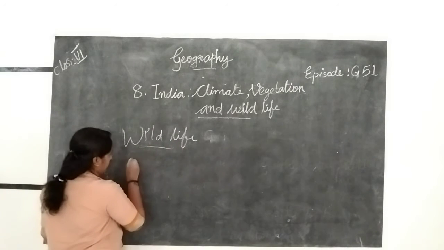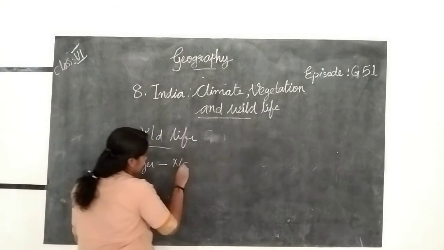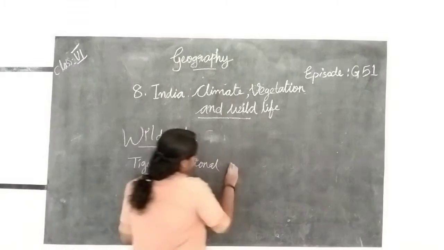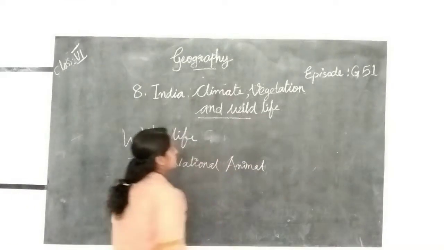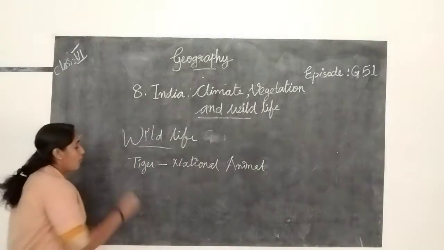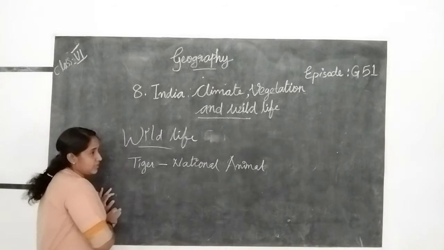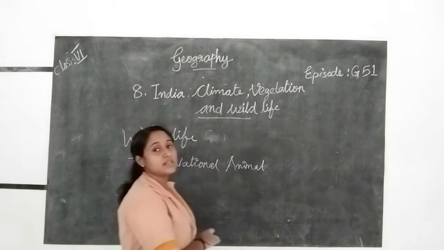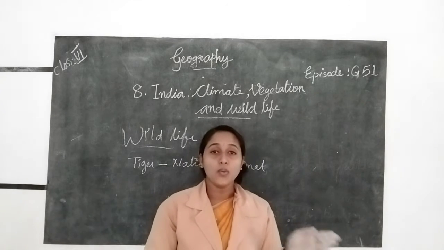Tigers and lions are mostly found in the Gir forest, Gujarat. This Gir forest is also known as the home of the Asiatic lion.